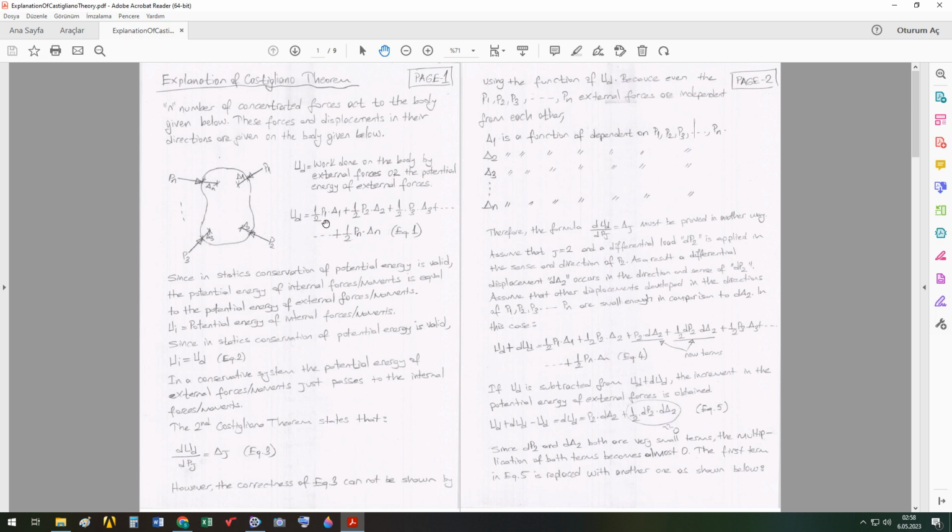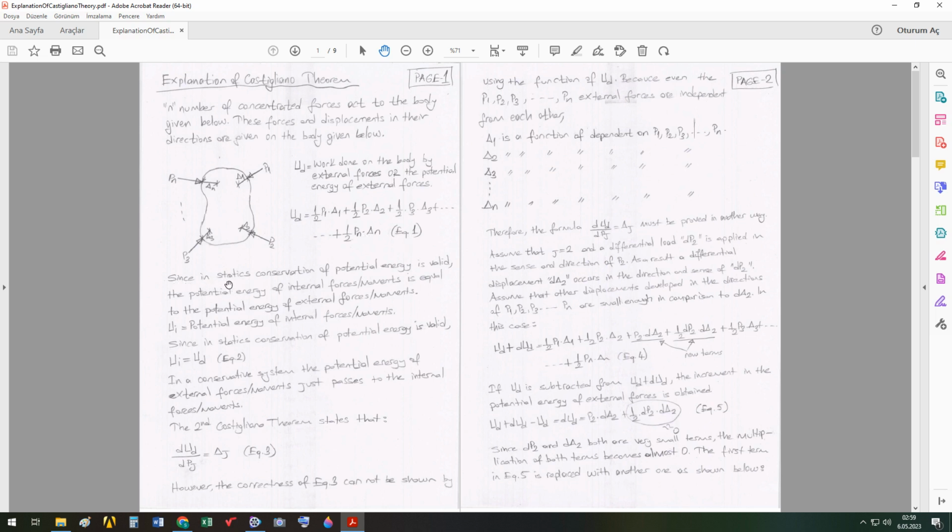Here P1 delta 1 is multiplied by 1/2. Since loads are static loads, the value of P1 starts from 0 and reaches its final value, which is P1 itself. So the average value is 1/2 P1 times the displacement in the direction of P1. And we do this for all forces, and we obtain the potential energy of external forces, equation 1.